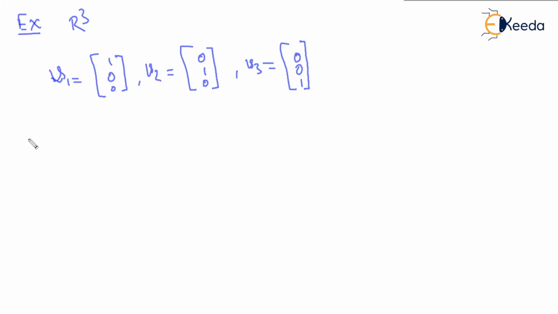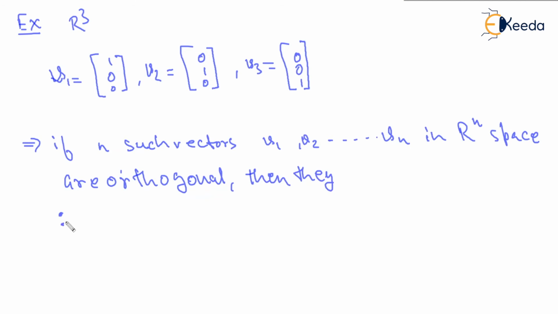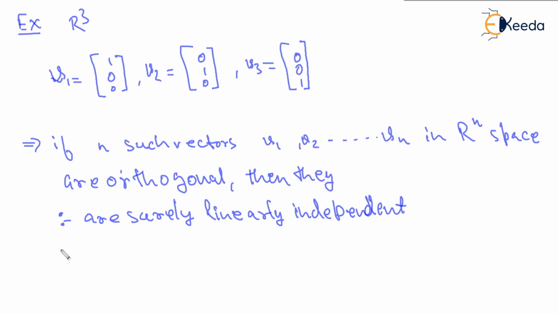Now a point of conclusion here is, if n such vectors like v1, v2 and so on, vn, in the vector space Rn are orthogonal, then they are surely linearly independent and span the vector space.